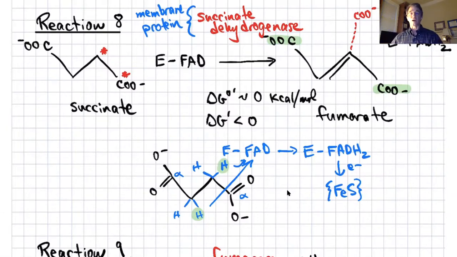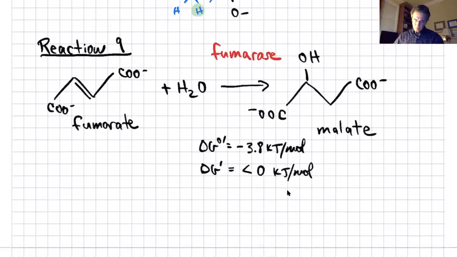The cis version of that 4-carbon dicarboxylic acid with that 2,3 carbon-carbon double bond, that's a real molecule. It's something known as maleate. But succinate dehydrogenase never makes it. It's stereospecific. So it only knows how to make, and will only make, the trans isomer of that molecule and therefore make fumarate.